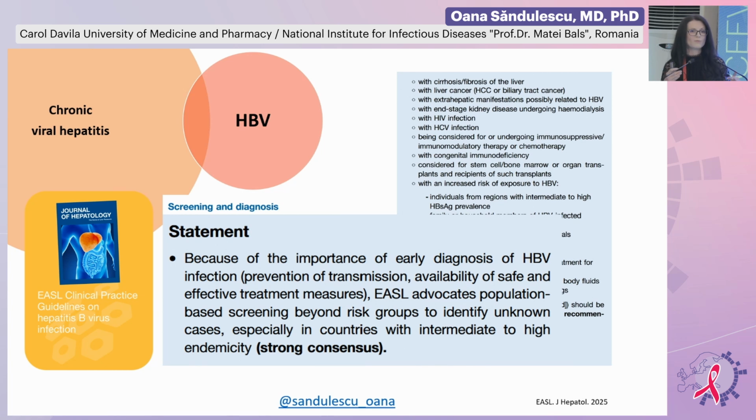The umbrella statement is that EASL advocates population-based screening beyond risk groups, so beyond those who already have signs of liver disease, beyond those at behavioral risk of acquiring HBV.